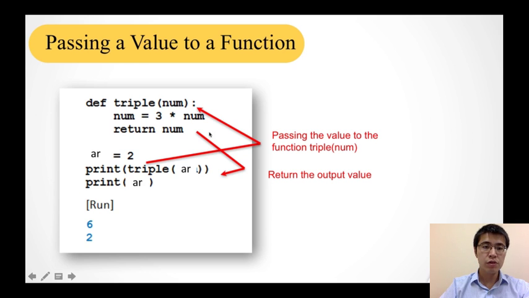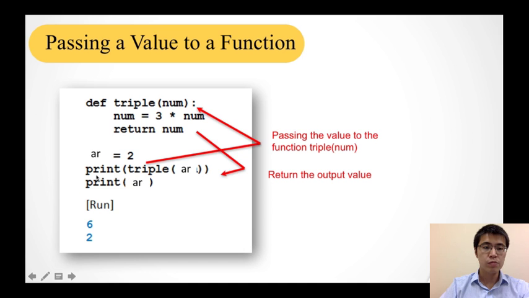And how do we use this triple function, right? When we use this triple function, we need to find out what we want to triple, what is the argument. So we define the argument, a new variable, and assign a value 2 to this argument variable, right? And then put this argument into this function.